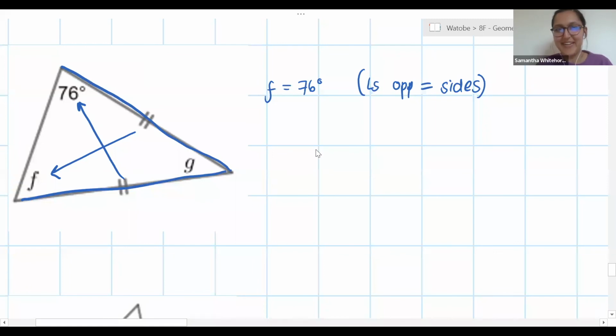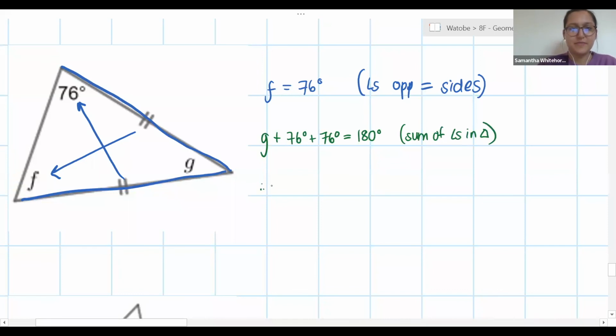Kulumo, we are all yours. Hi, ma'am. G plus 76 plus 76 is equal to 180. And your reason? Angles in a triangle. Good, sum of angles in a triangle. And then you say G is equal to 180 minus 76 minus 76.